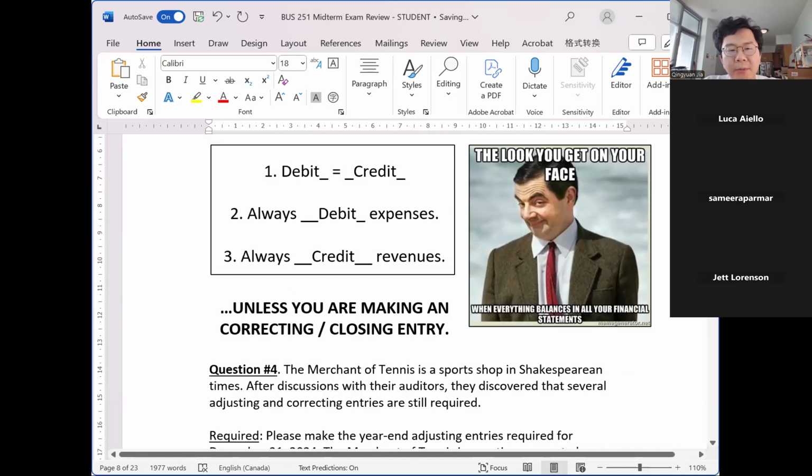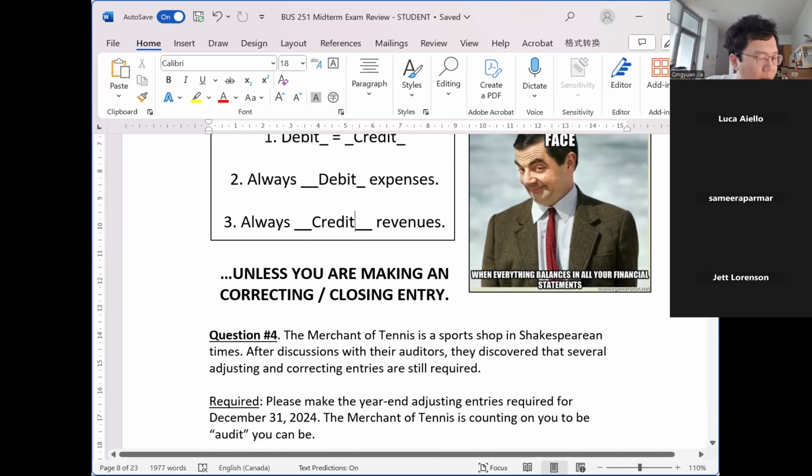So we always debit expenses to show that expenses are going up, and ultimately it will affect your retained earnings, and it will make the retained earnings go down. And we credit revenues to show that our revenues go up, and at the end of the day, it will increase the retained earnings.